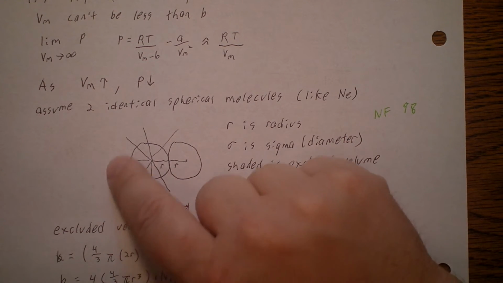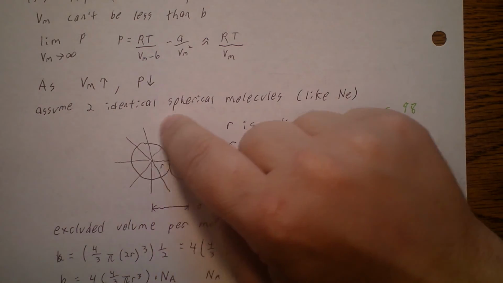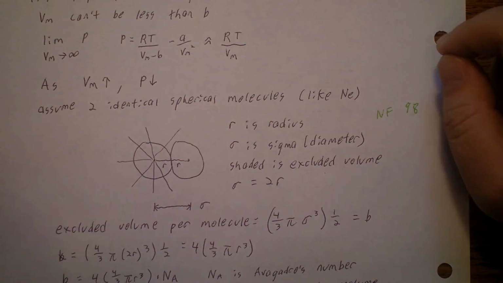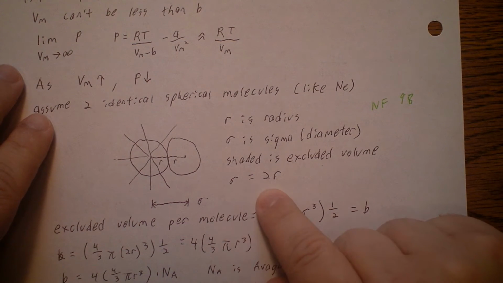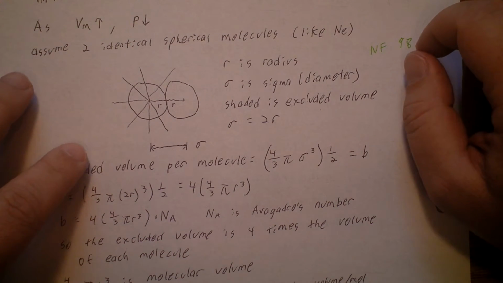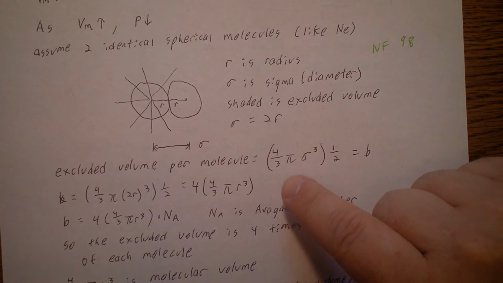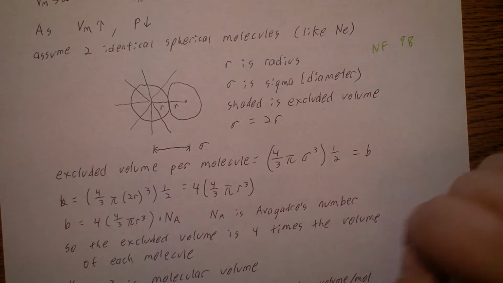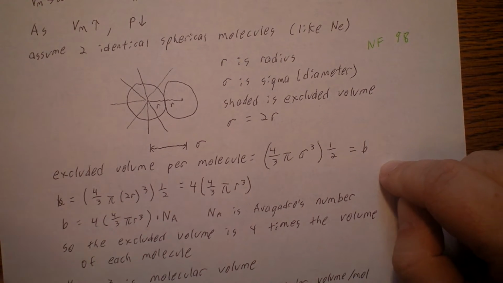Now the shaded area, see how it goes all the way from the diameter out from one molecule? This is the excluded volume for that one molecule. So like I said, sigma is equal to 2 times the radius. So the excluded volume per molecule is basically the volume of a sphere of radius sigma. So we have 4/3 pi sigma cubed times 1/2. And that is equal to b.